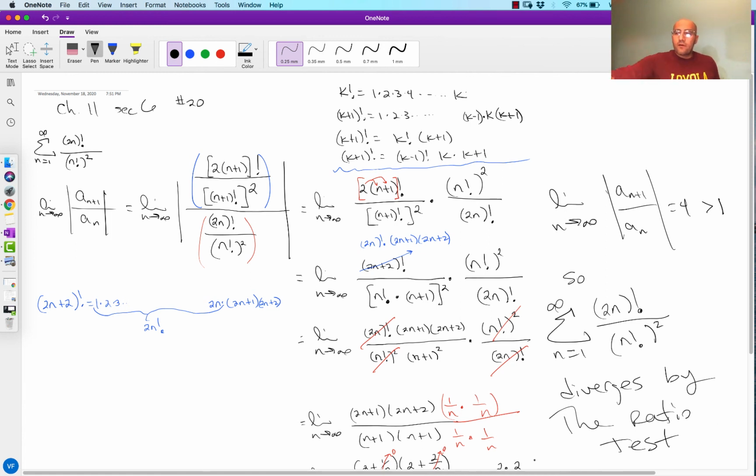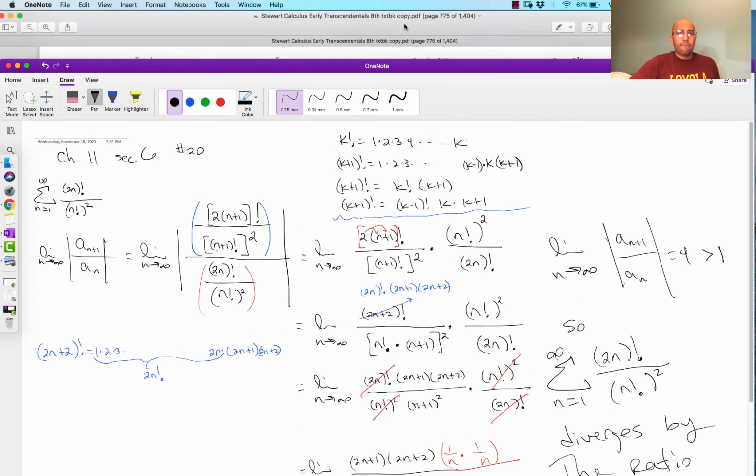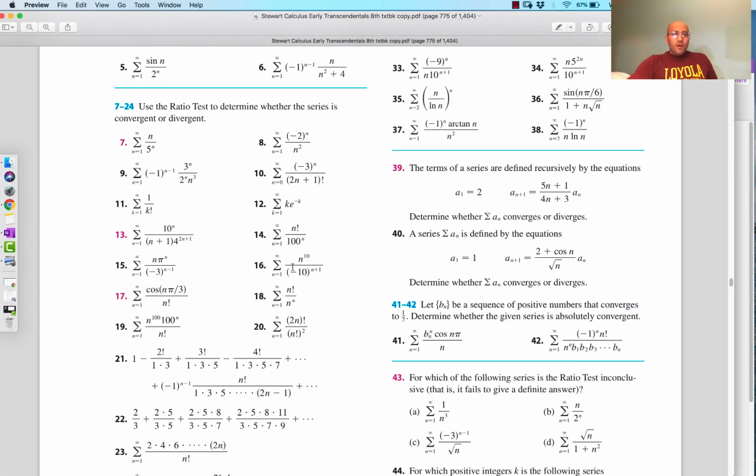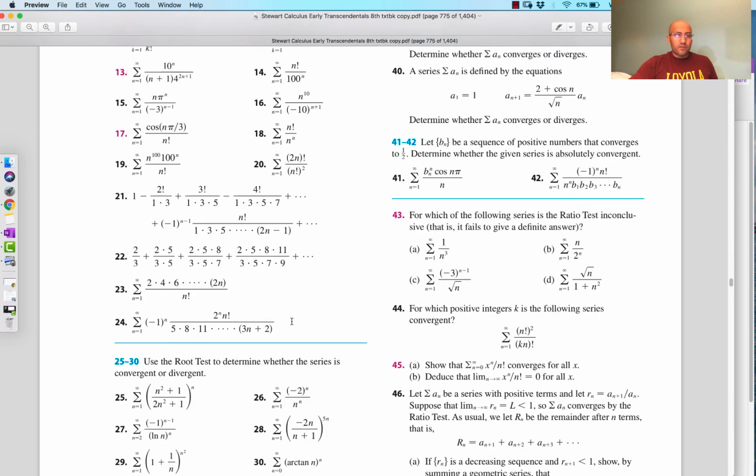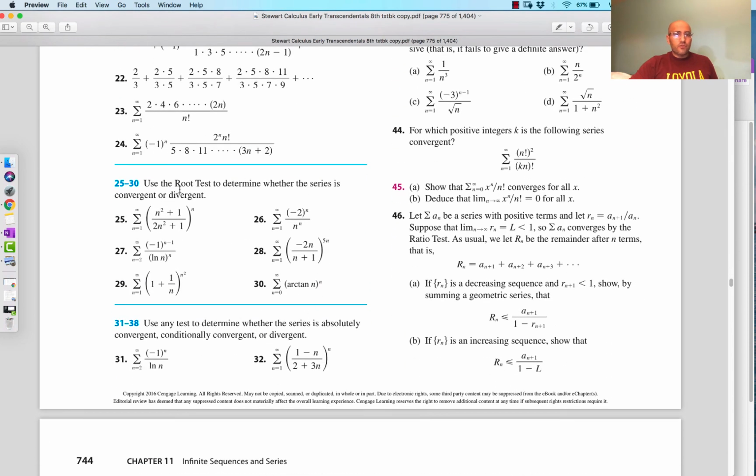Okay, all right, let's try another one. Okay, so that's fine with those. Let's try one of these. Use the root test. So this one should be fun. About number 28.